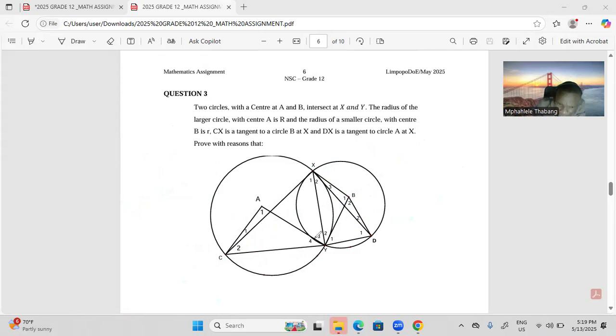Now they are saying the line CX is tangent to the circle B. So CX is tangent to this circle.